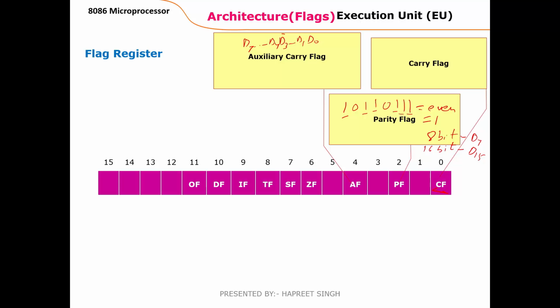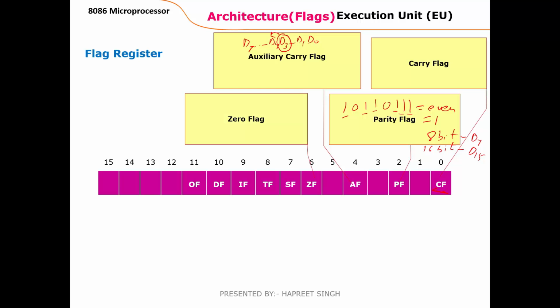If the carry is generated from D3 bit to D4, then the auxiliary carry flag will be set as 1. So in case of addition, it is set if there is a carry from the lowest nibble, that is bit 3, during addition, or borrow for the lowest nibble, that is bit 3, during subtraction.